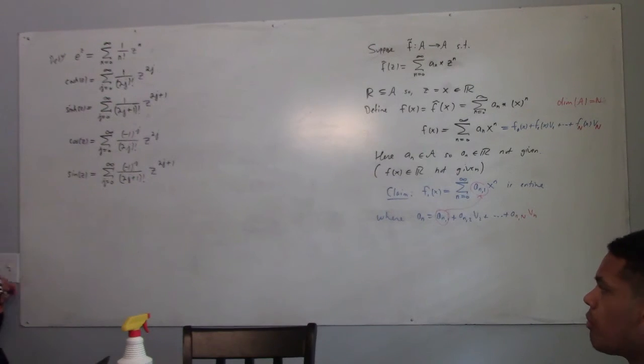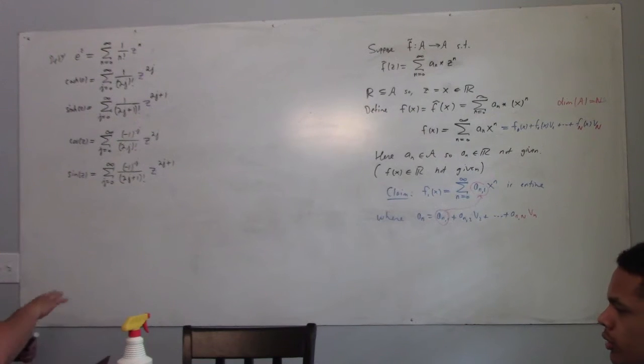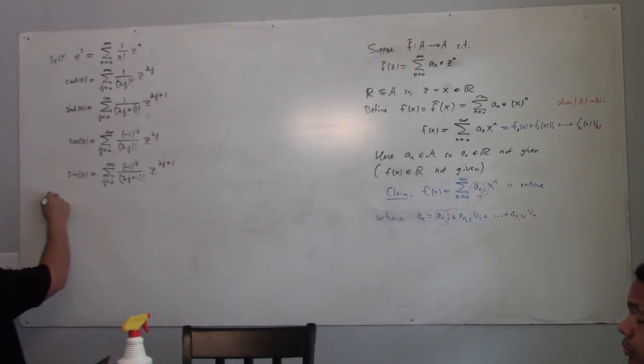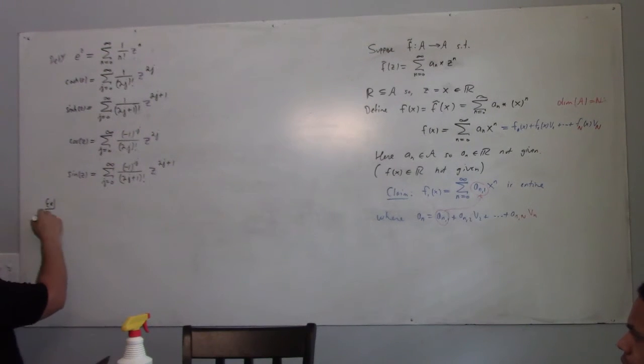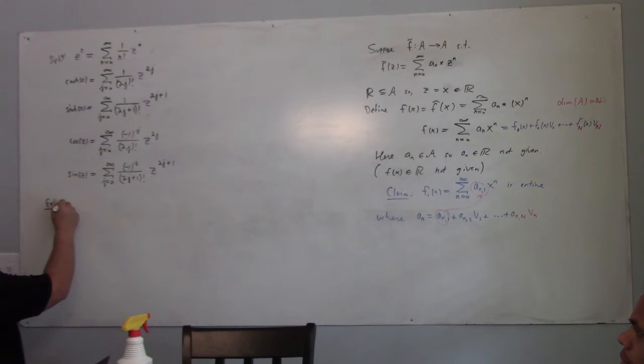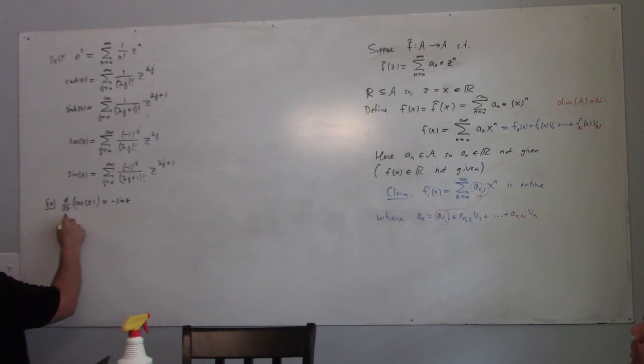Just to give you an example, there are lots, but check this one out. You can easily see from the term-by-term differentiation that the derivative of cosine is minus sine z, and the derivative of sine z is cosine z.